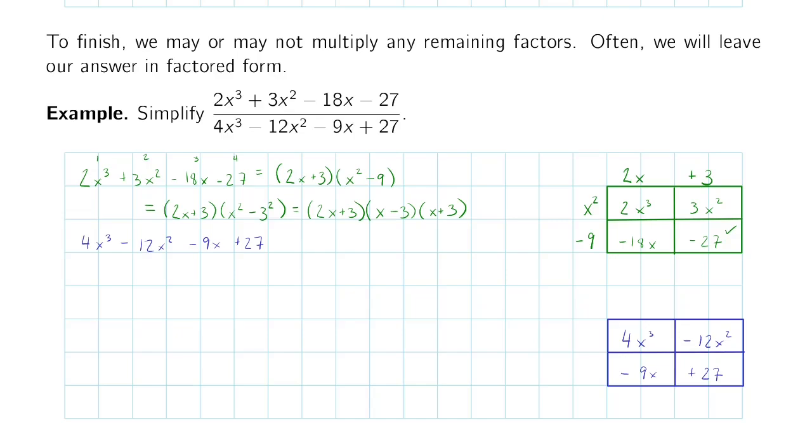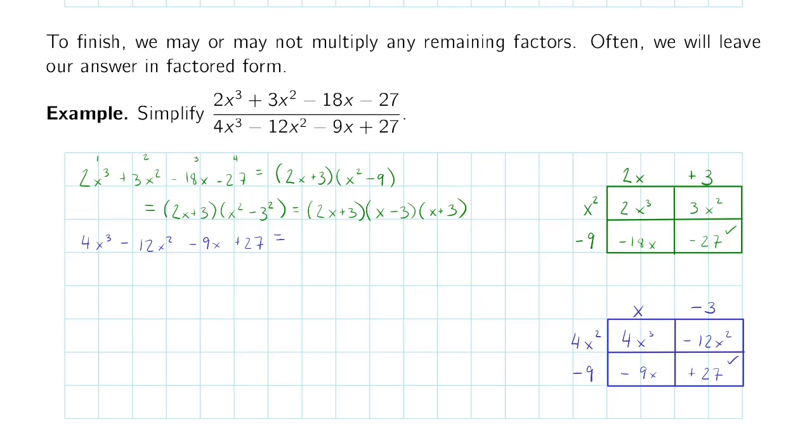Looking at our first row, it looks like our greatest common factor is going to be 4x^2. 4x^2 times what gives me 4x^3? Well, that's just an x. 4x^2 times what gives me -12x^2? That's a -3. x times what gives me -9x? That's a -9. -9 times -3, is that positive 27? Yes.